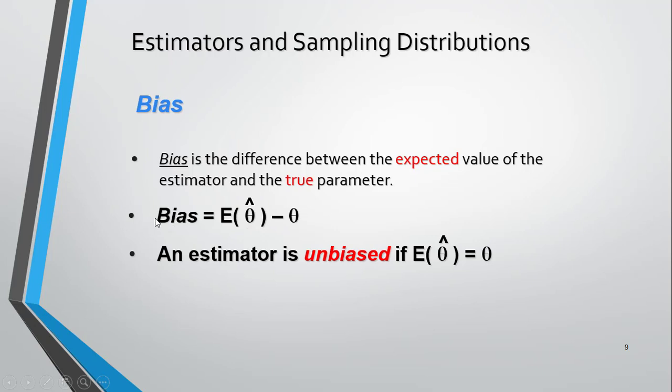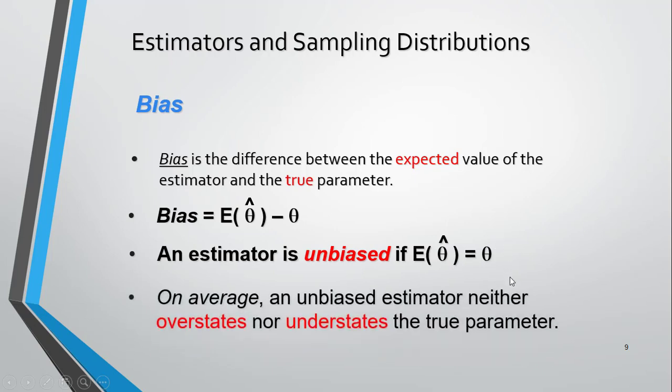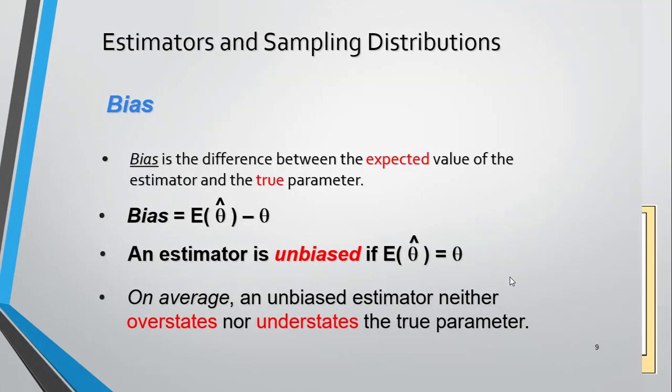Of course we hope your bias is as small as possible. An estimator is unbiased only if the expected value of theta hat equals the true value of theta. On average, an unbiased estimator neither overstates nor understates the true parameter. That's the best case scenario.